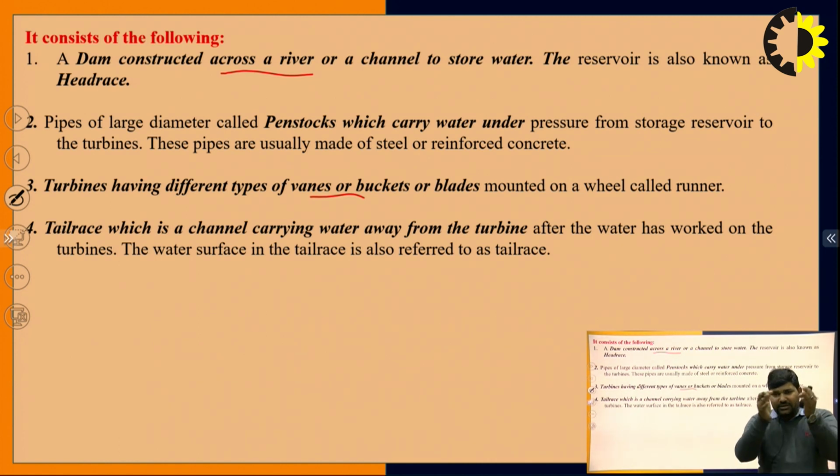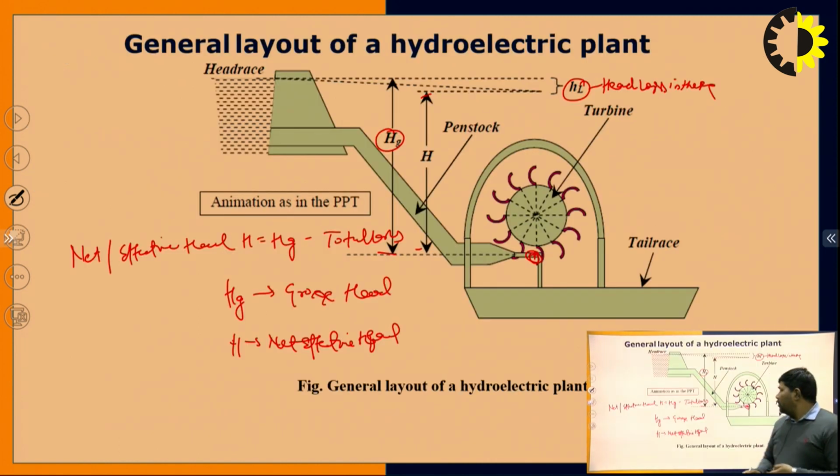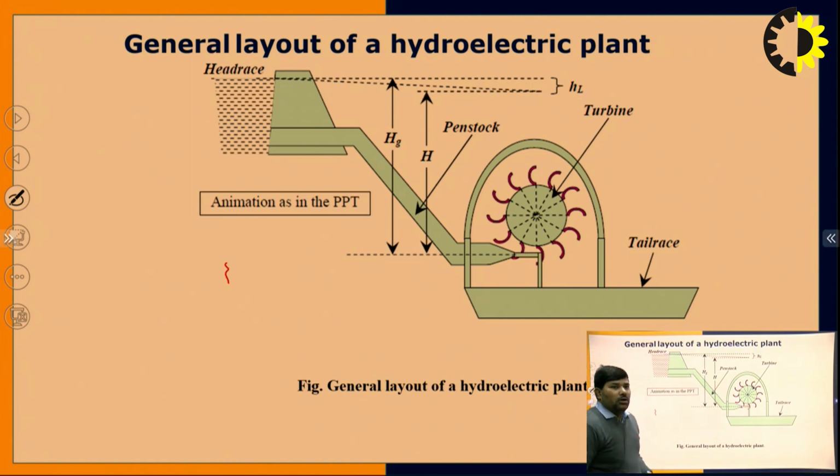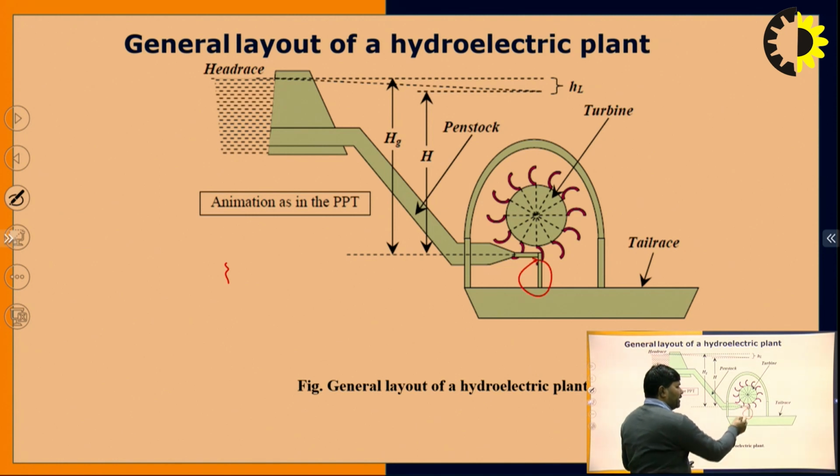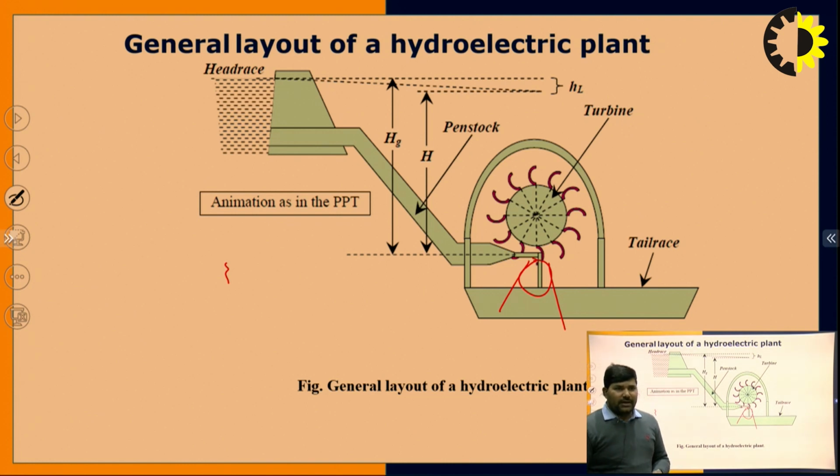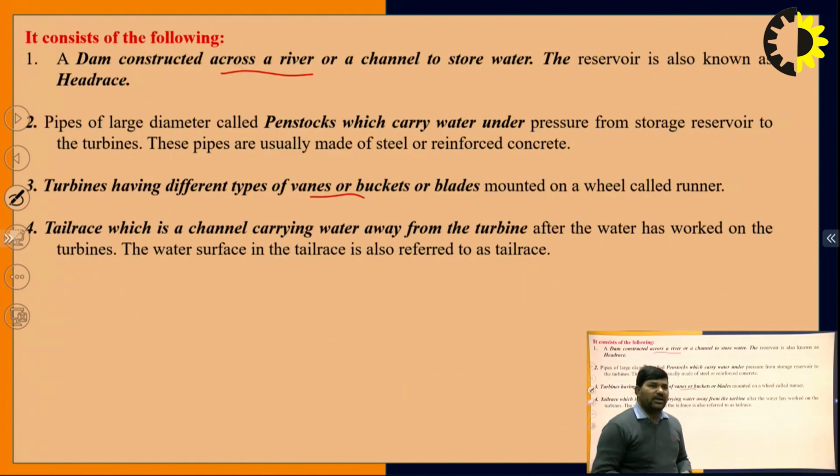the turbine after the water strikes it, as you can see in this figure. The water after striking moves directly from the tail race, or we can carry this water through different types of ducts. We use the reaction turbine to maintain this pressure.